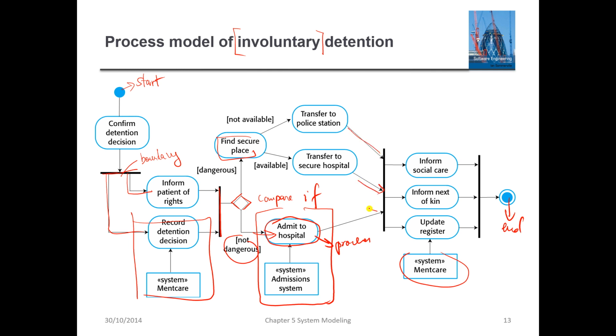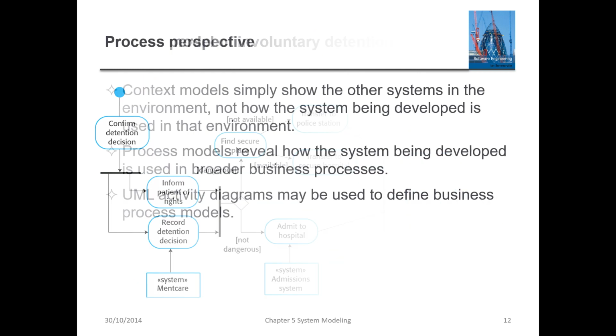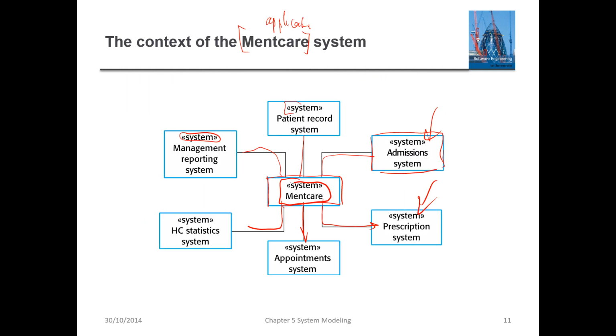Here they combine into one component, and here is a process in parallel. In parallel there are three actions. This is a context model.